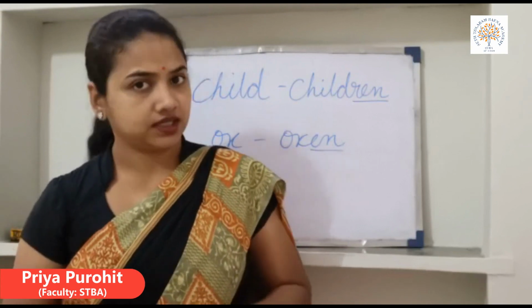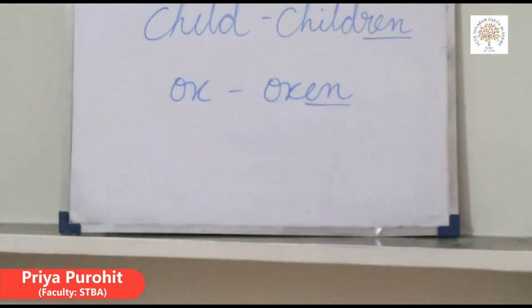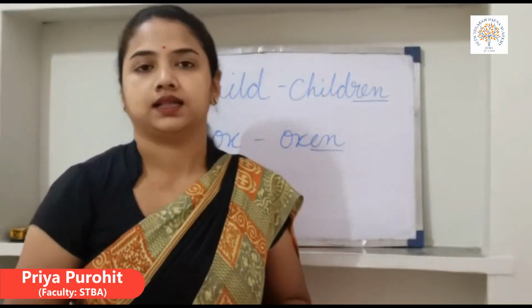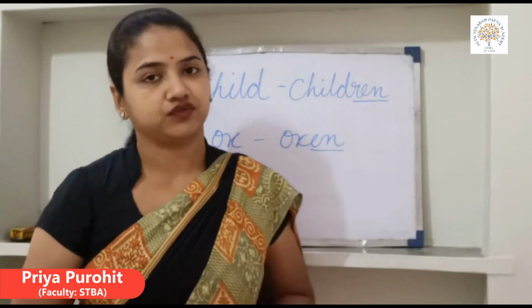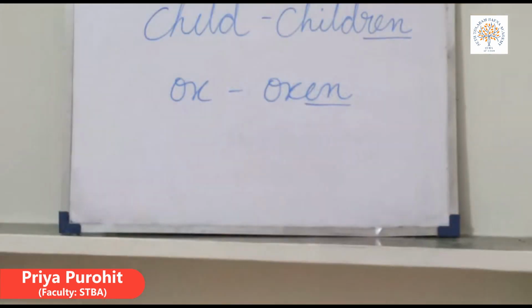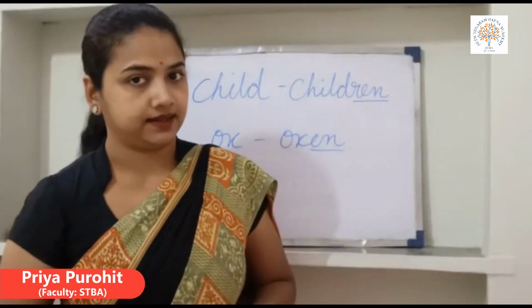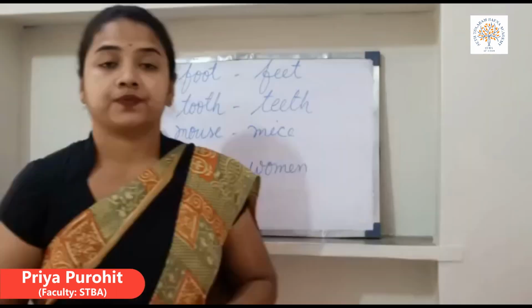We all know that. For making the plural, we have to add ren. It is not s or es, but there are a few letters added as a suffix. Ox. For making the plural, we have to add en, and it becomes oxen. This is the plural form of ox.